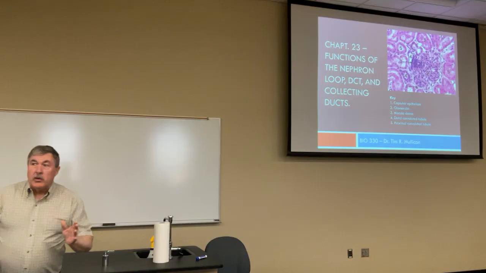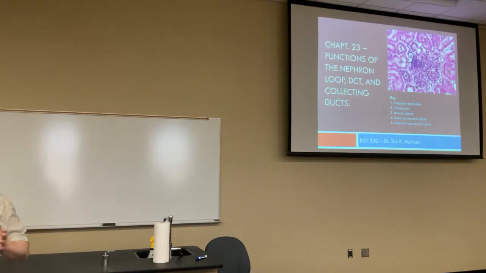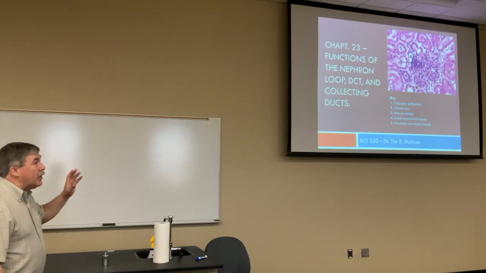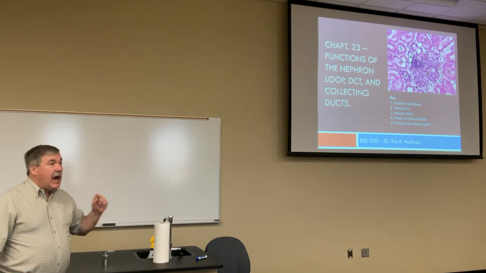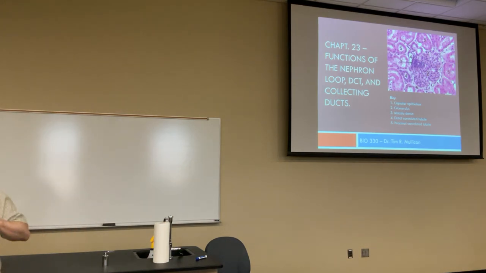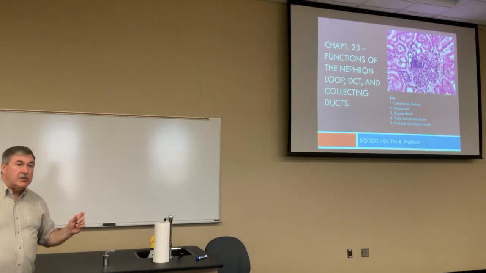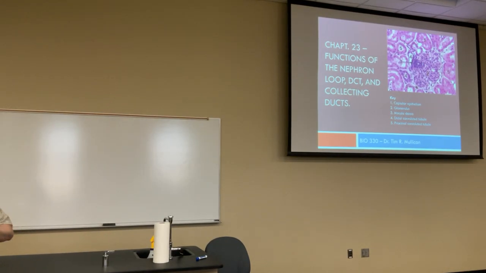Today we're going to look at how another 20% of the water that's filtered is reabsorbed by the nephron loop, and then how our water balance is fine-tuned by regulating any further reabsorption in the distal convoluted tubule and the collecting ducts.